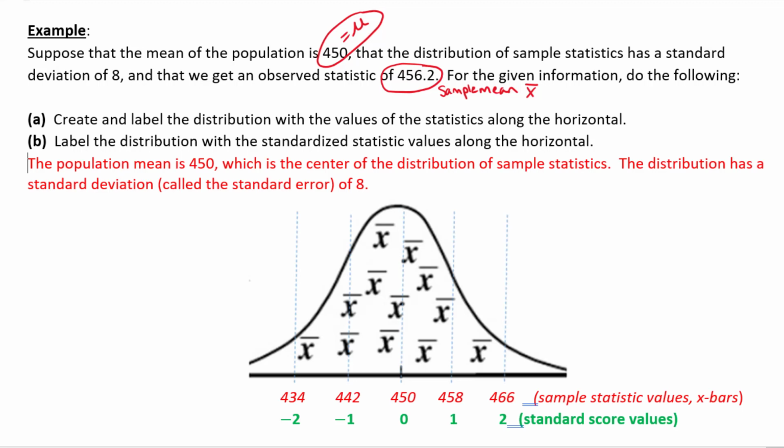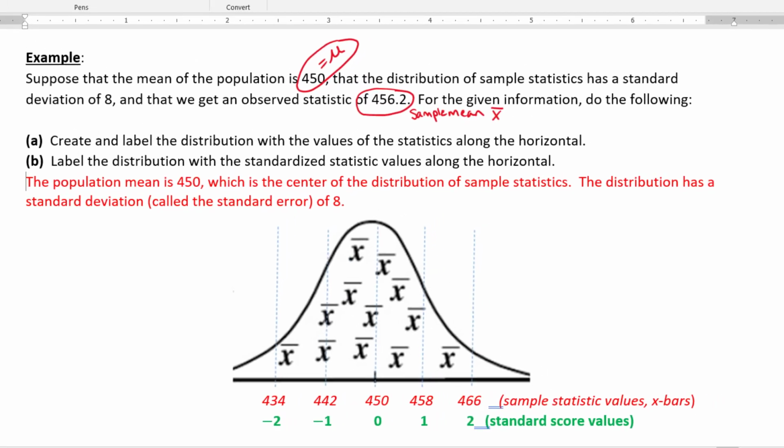All right, here we go. So I have a mound-shaped distribution where the values in that distribution represent simulated sample statistics, simulated X-bars. This is a distribution of sample statistics.